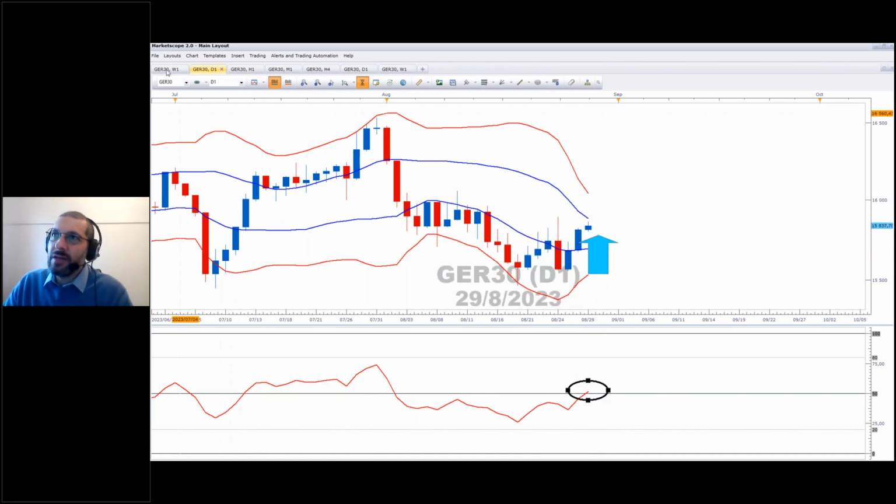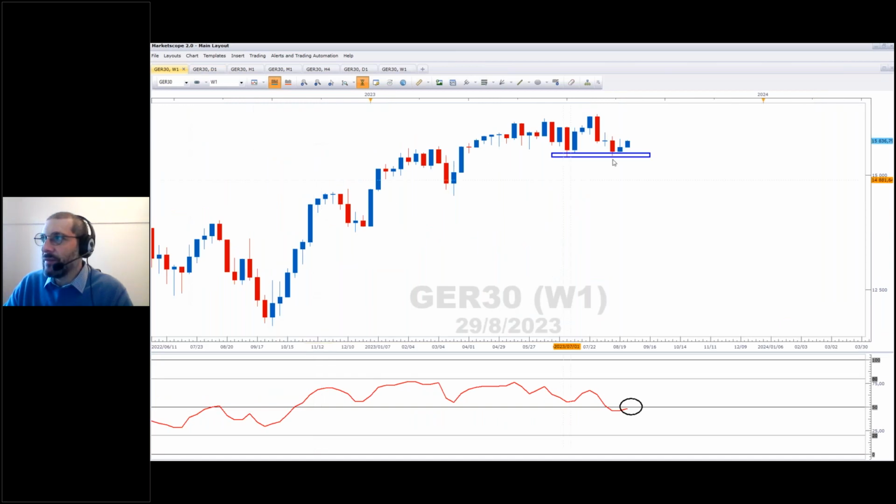I would really be much more comfortable if we were making new highs on weekly, but I think for this chart, I wanted to see what happens at the support level here, see if the support level holds. We can actually extend the support level to sort of, so the resistance here turns support. So this is kind of a key level.